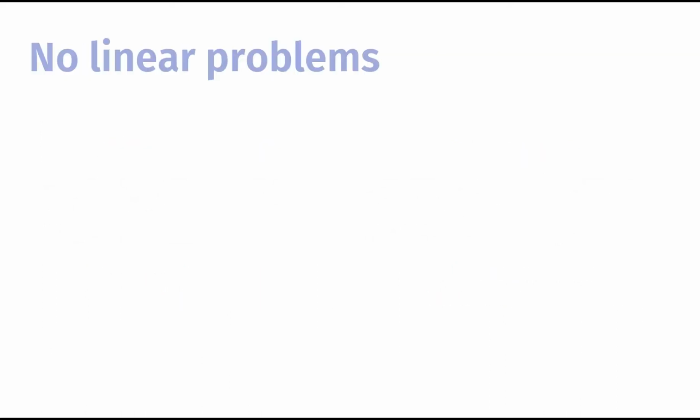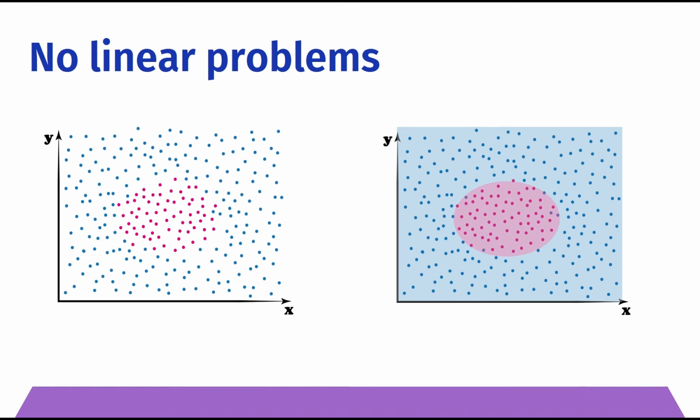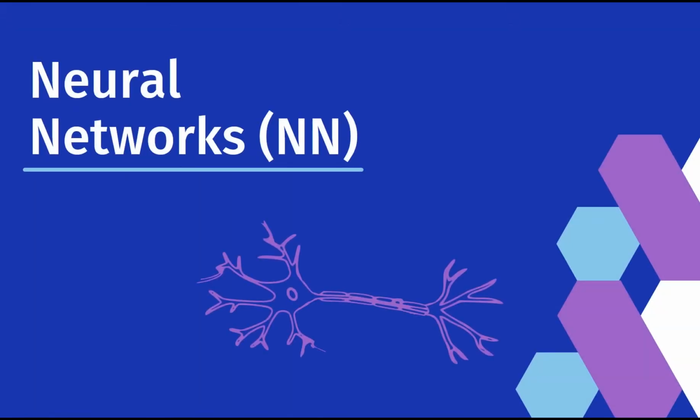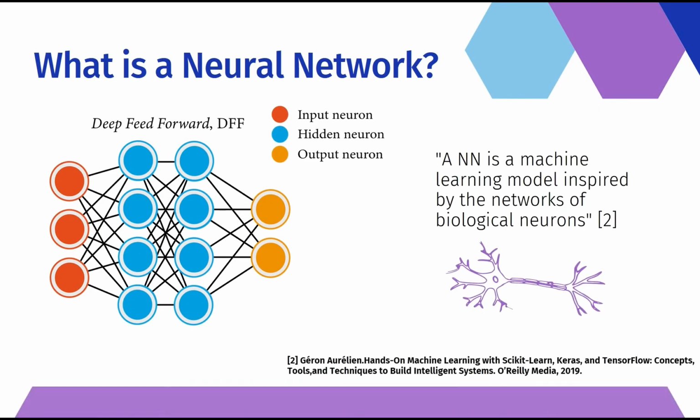Okay, so we have found a way to find equations that represent linear data and can help us to predict more data that follow these equations. But what happens when the data that we try to model is not linear? Here, the neural networks enter the arena. Neural networks.